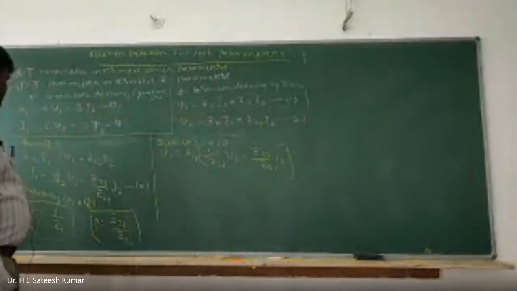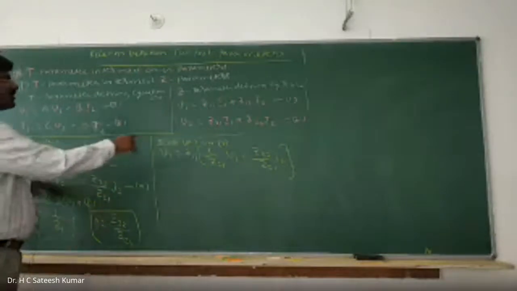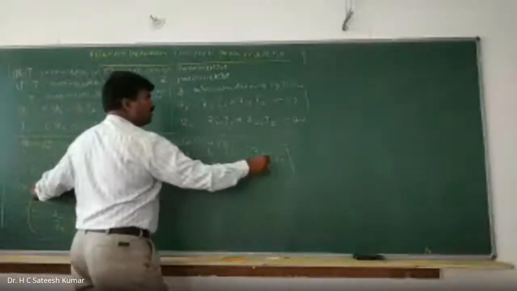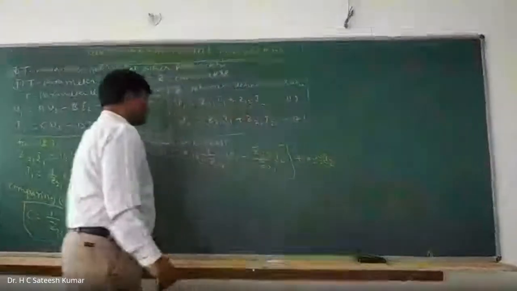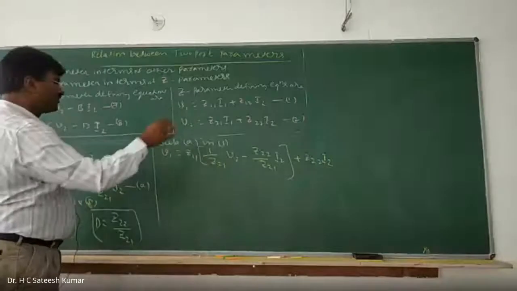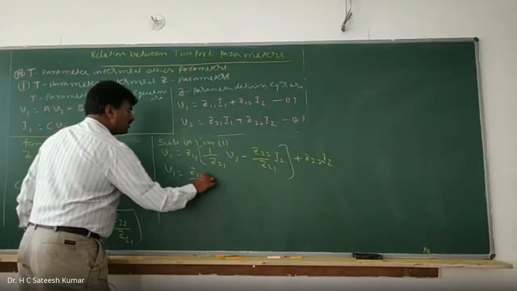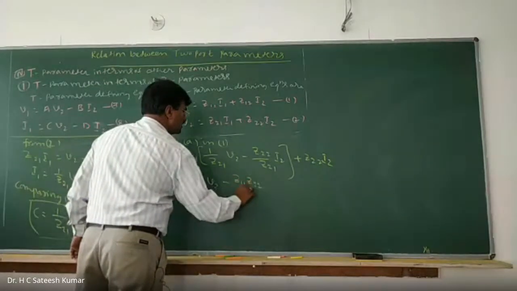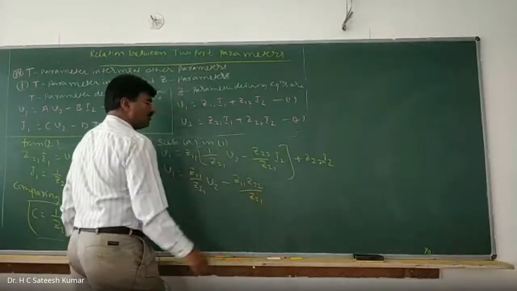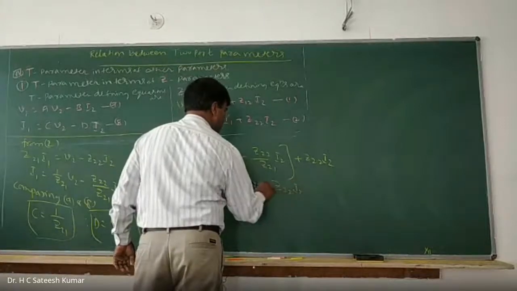and then so we got, what is that we have substituted? I1 I have substituted, Z21 into I1 plus Z22 into I2. Okay, right. Therefore, we can write it, grouping the I2 terms. V1 is Z11 divided by Z21 into V2 minus Z11 Z22 divided by Z21 plus Z22 into I2, and this is also I2.